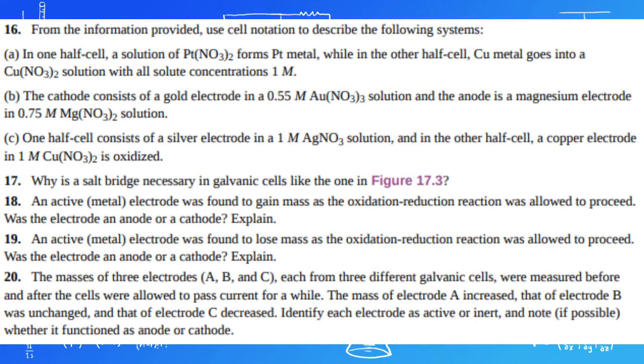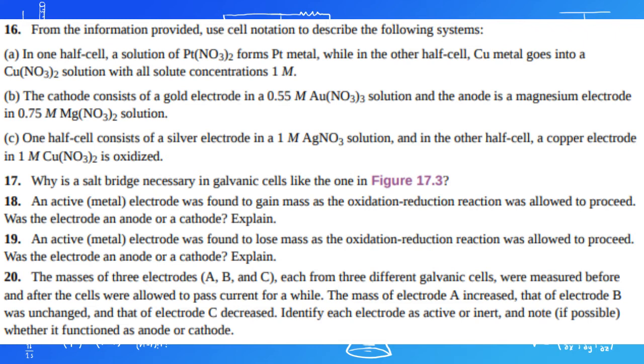The cathode is where the reduction happens, and the cathode is where metal ions from the solution turn into solid metal that deposit on the surface of your electrode. So, yeah, if it's gaining mass, it was the cathode, not the anode. And 19 is basically the exact opposite question.